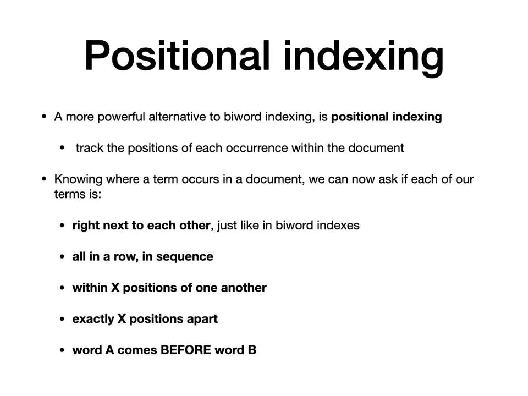Or are they exactly X positions apart? Or does one word come before another word? Okay, so these are all cool. This is the idea. By adding one new kind of information to our postings lists, we enable a whole bunch of new classes of search precision for our user.